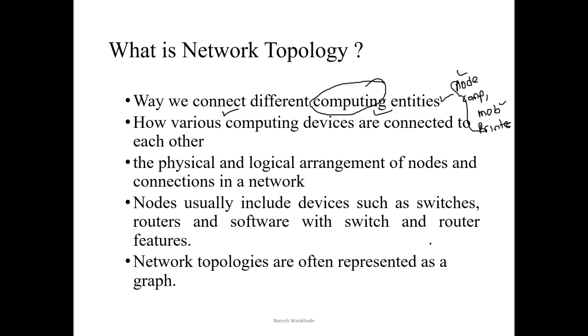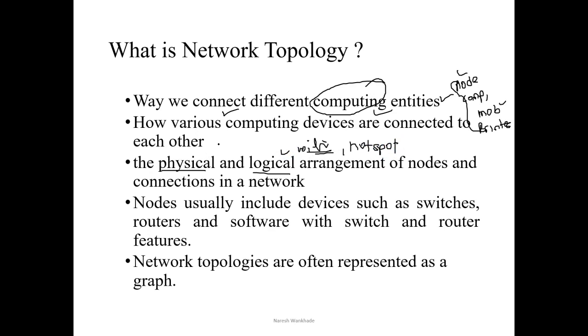Along with that, network topology is basically the physical and the logical arrangement of nodes and connections in a network. Some nodes are physically connected with each other, some are logically connected with each other. For example, in Wi-Fi or hotspot, there is a logical connection of each and every node with each other.